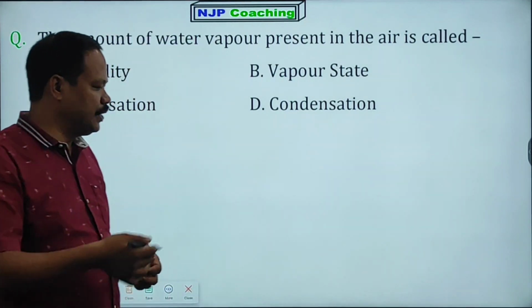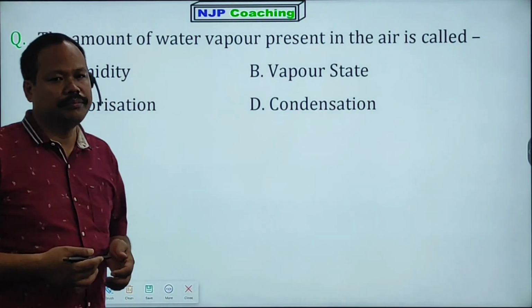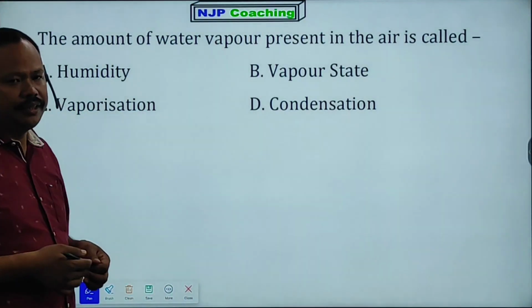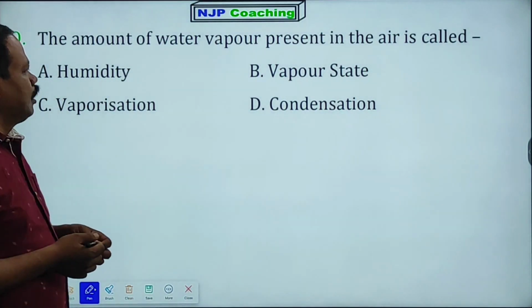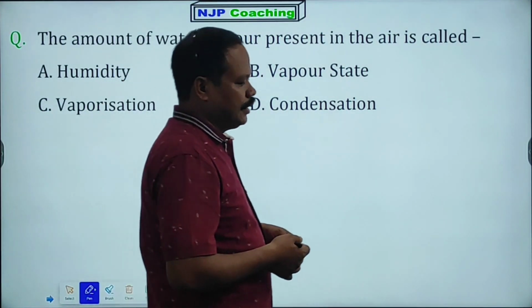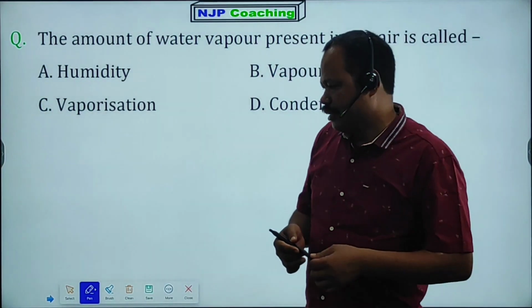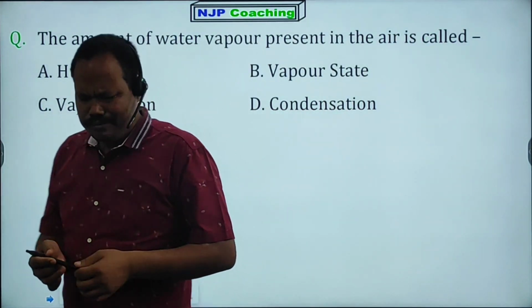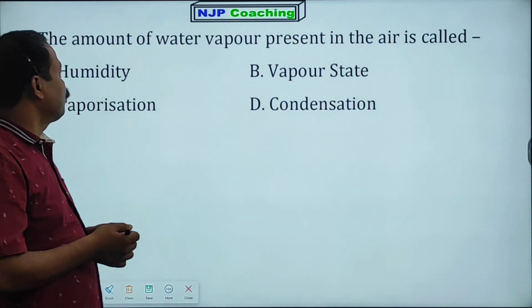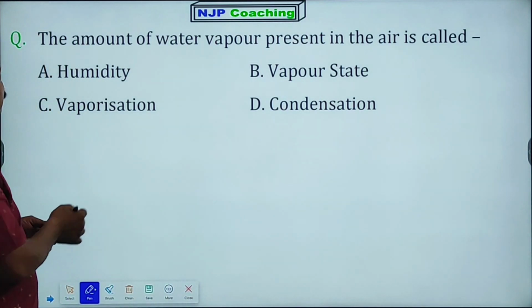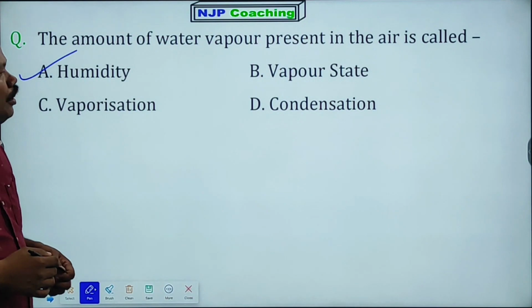Temperature is very high there, but humidity is less. In our places, humidity is high. Now this question, very simple question: the amount of water vapor present in the air is called humidity.